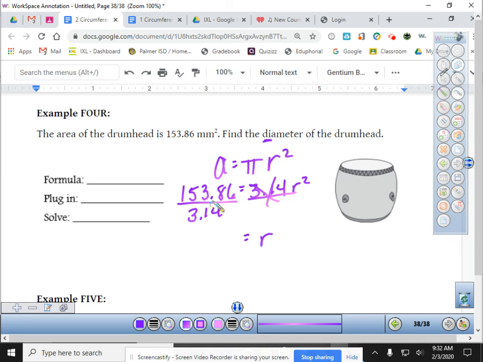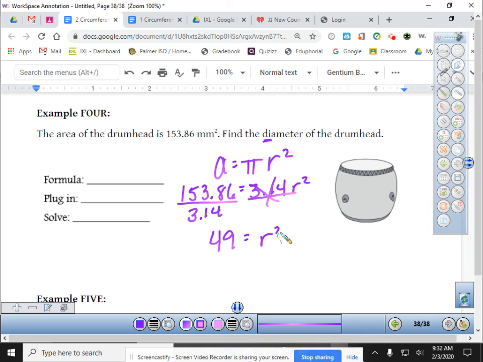I'm pretty sure it's 49. I'm telling you, you will learn it. Yeah, it's 49. You will learn what they are because they're all perfect squares. You'll get to where you don't even have to write it down. You'll walk up to your parents and impress them and go, "Hey, did you know 153.86 divided by 3.14 is 49?" You'll just learn the numbers. You use circles so much.